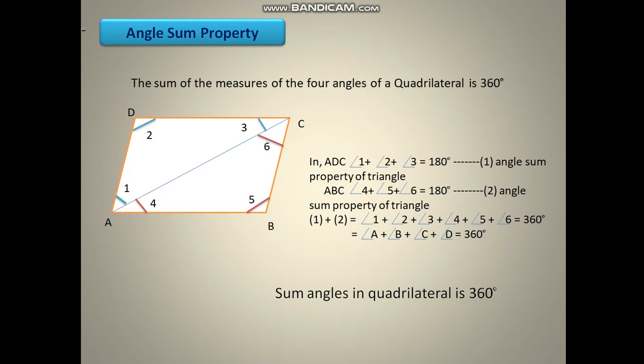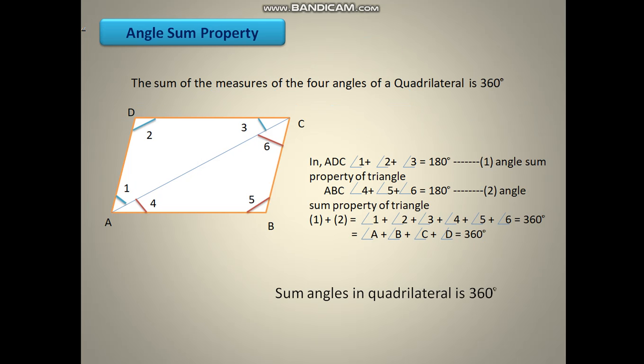This is the angle sum property of a triangle. Next, take triangle A, B, C. Angle 4 plus angle 5 plus angle 6 equals 180 degrees, again by the angle sum property of a triangle. So we can add those two equations: angle 1 plus angle 2 plus angle 3 plus angle 4 plus angle 5 plus angle 6 is equal to 360 degrees.